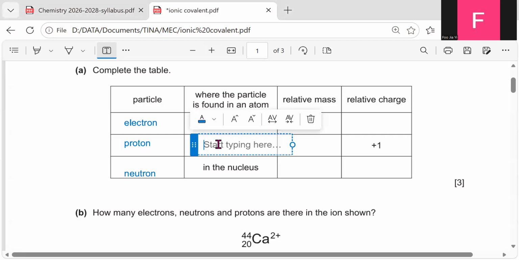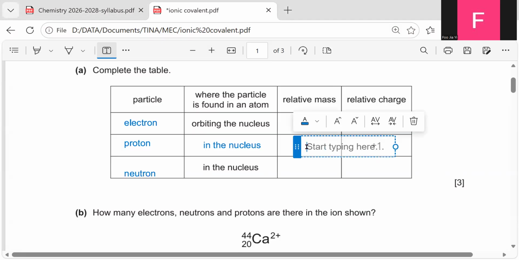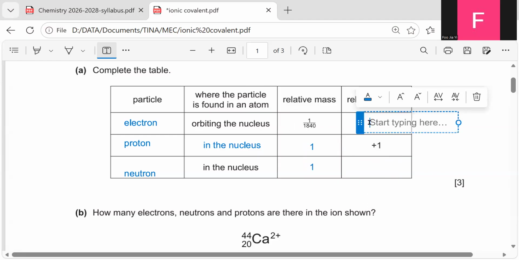Okay, where are the protons in the nucleus? Okay, what is the relative mass of a proton? Cannot forget all the old stuff. 1. Relative mass of a neutron? 1. Very good. Wow. Charge of an electron? -1.